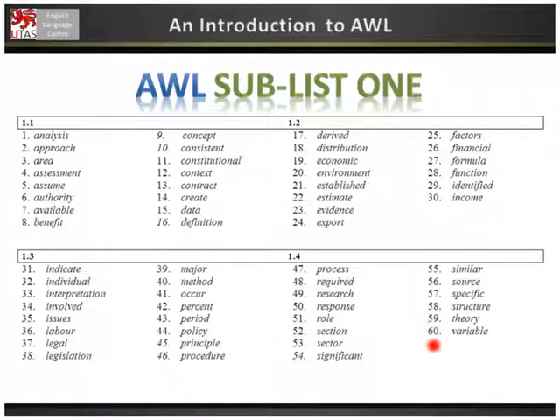And these 60 words are the most common words of the 570 words in the AWL. They are the most common. So if you learn sublist 1, you will be learning the most common words that occur in academic texts.